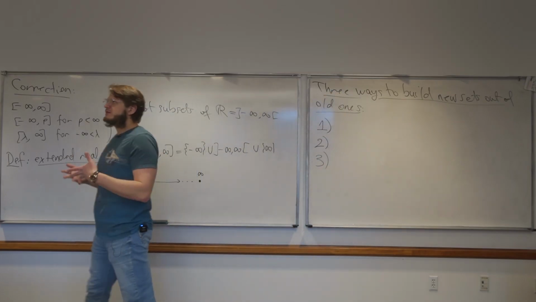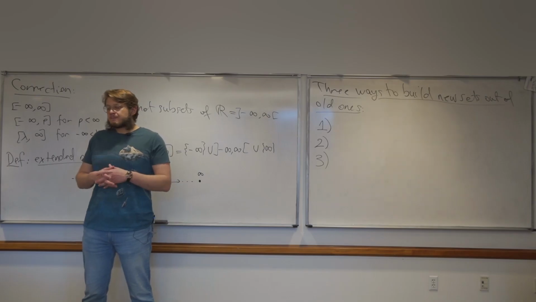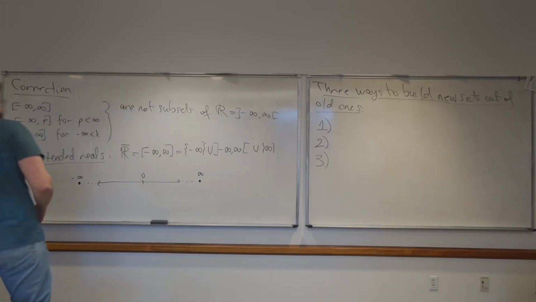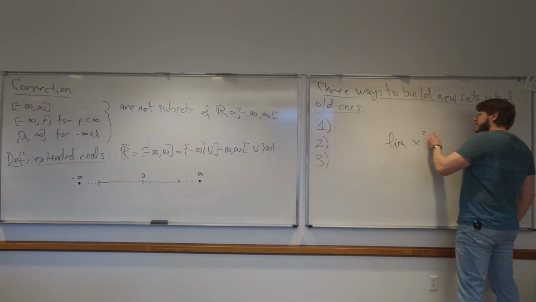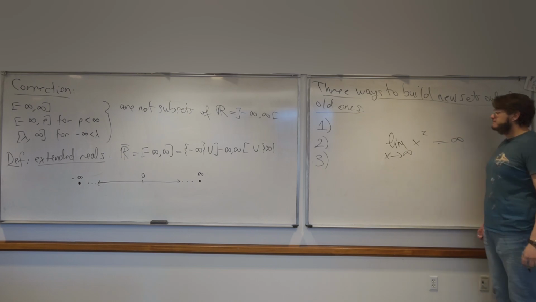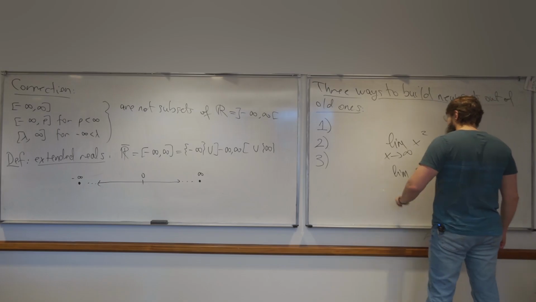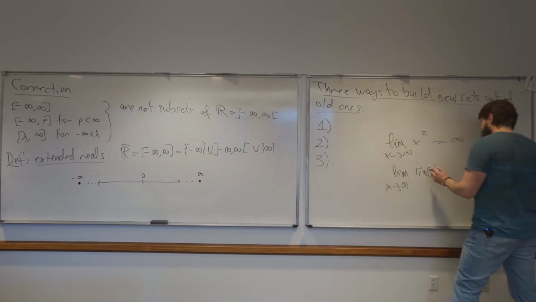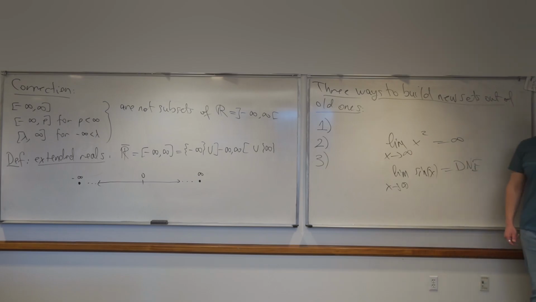There's a difference between the limit of, let's say, x squared as x goes to infinity, being infinity, and the limit of sine of x as x goes to infinity being undefined. In calculus, probably you've called both of these divergent, but they are somewhat different.